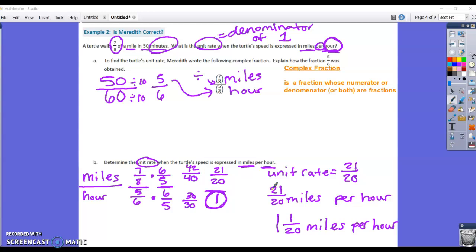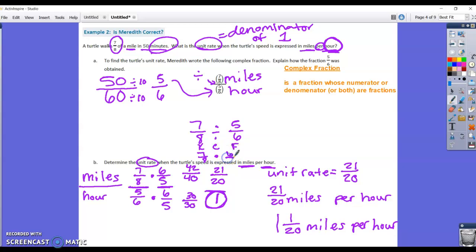Okay, so just to recap, miles per hour would mean we're doing the number of miles divided by the number of hours, which is what we have up here. Okay, we have 7/8 divided by 5/6. Keep, change, flip just means you keep the first thing and then you multiply by the reciprocal.